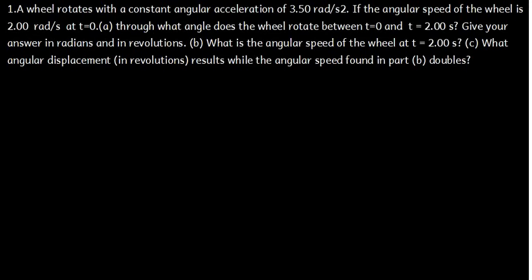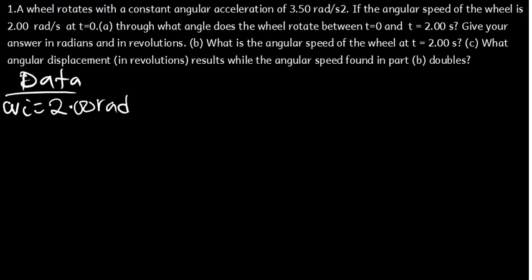Now it is very important that we first come up with the data. Once we come up with the data, it is going to help us know which formula we're going to use. So let's come up with our data here. We have our initial velocity, when t was equal to 0. The velocity was 2.00 rad per second. The final angular velocity we don't know.